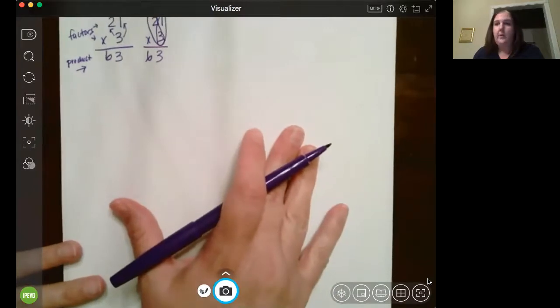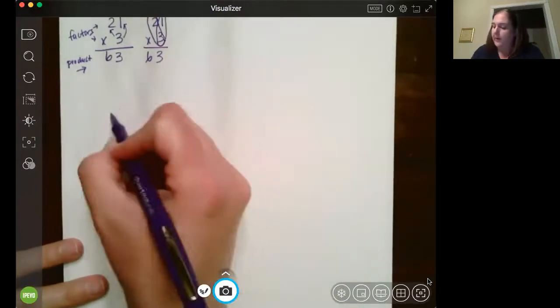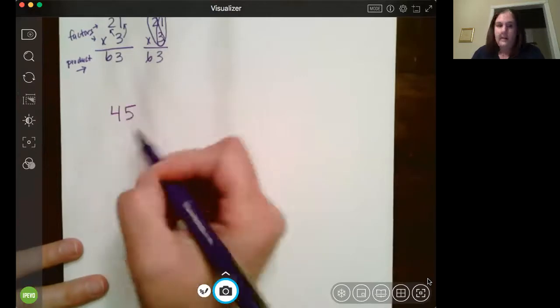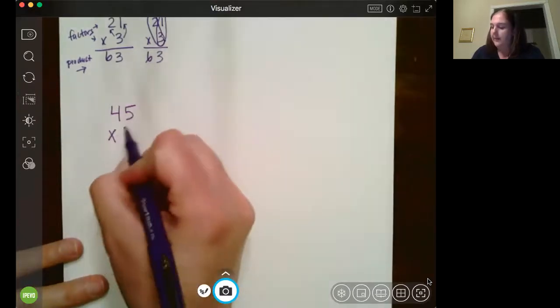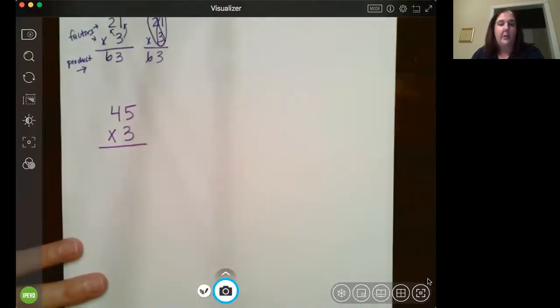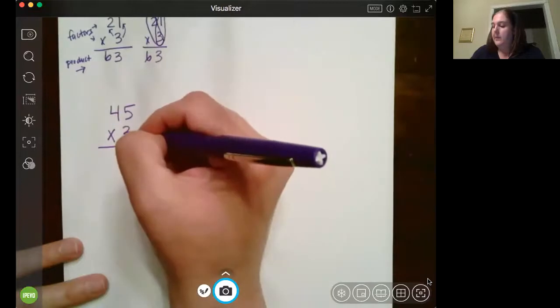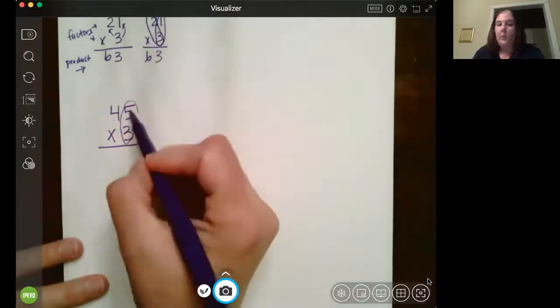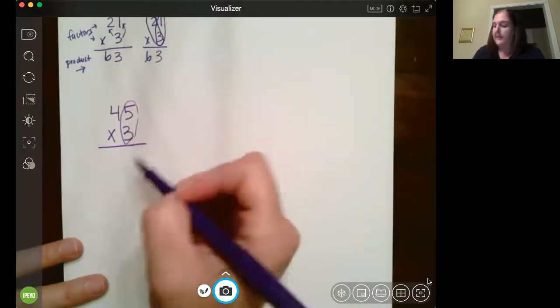All right, so for another example, we'll do 45 times 3. So 45 and 3 are my factors, and we're trying to find the product. Okay, so we multiply the 3 times the 5. We multiply our ones place first. 5 times 3 is 15.